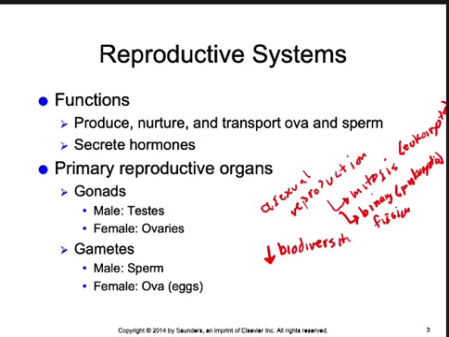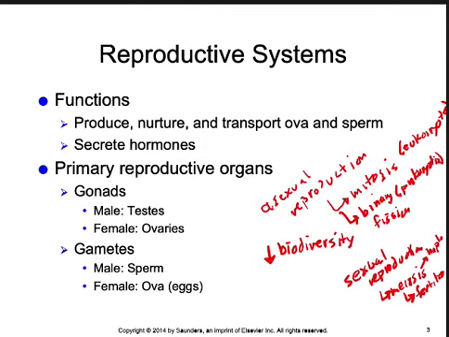Whereas in sexual reproduction, you have meiosis, followed by fertilization. Meiosis produces haploid cells, and fertilization generates a diploid cell.